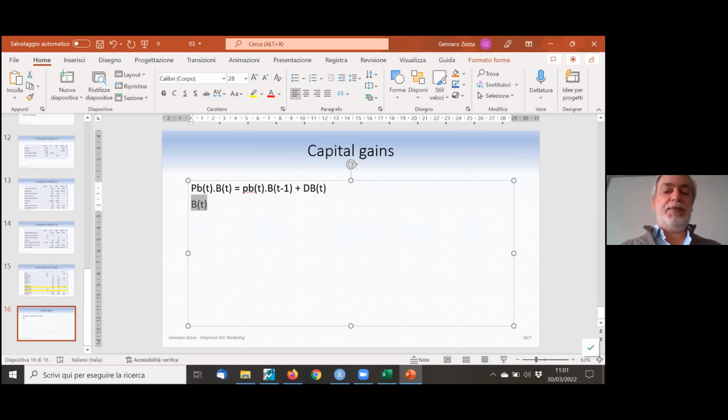Basically, what I've done is to have, let's call it P prime B_t equal to P prime B_{t-1} plus dB_t, and this price here has never changed from the beginning.